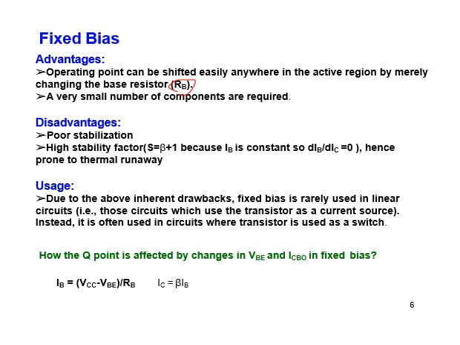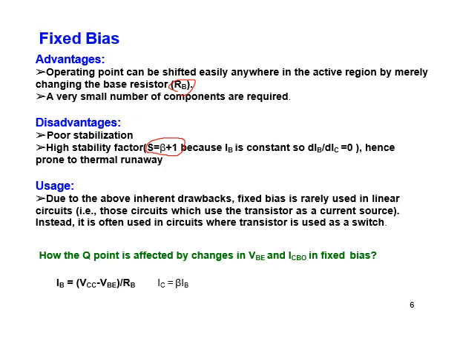So these are the advantages, but the disadvantage of this circuit is that it provides very poor stabilization. This is due to a high value of the stability factor obtained, S equals beta plus 1, because the ratio dIB by dIC becomes 0, because the base current IB remains constant, as we have seen in the previous slide.